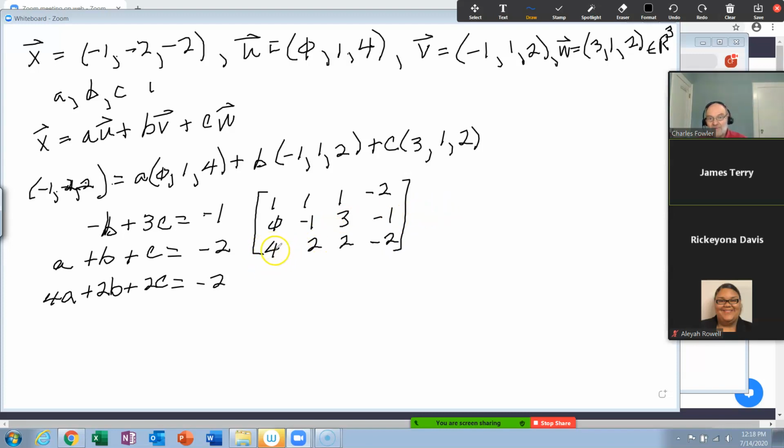Okay, what I'm going to do is divide everything in row 3 by 2. You okay with it? So the first one will be a 2, second will be a 1.